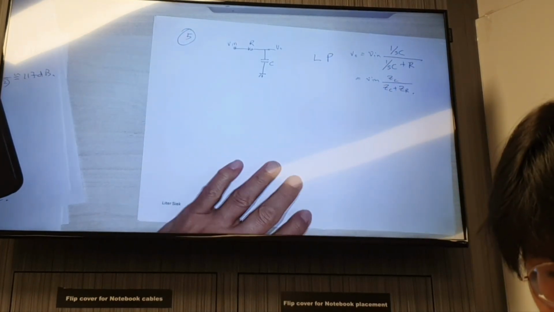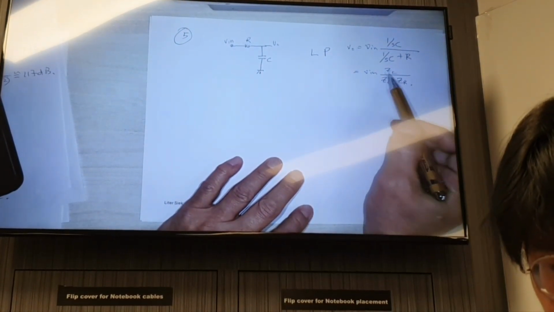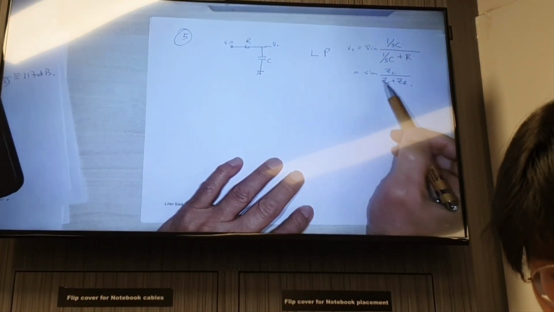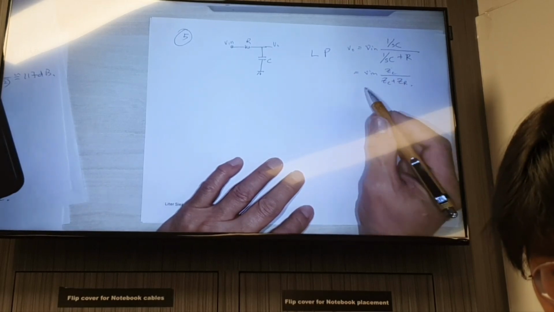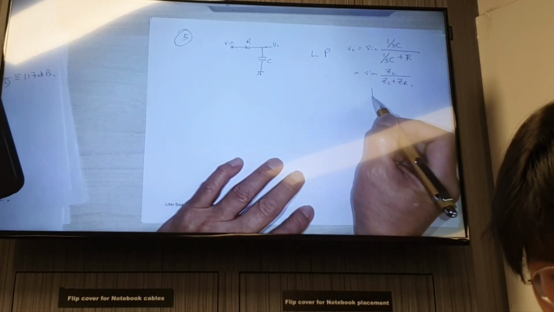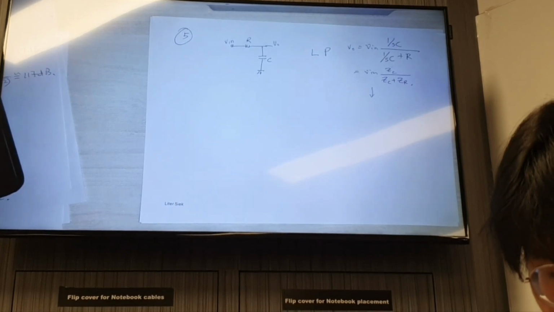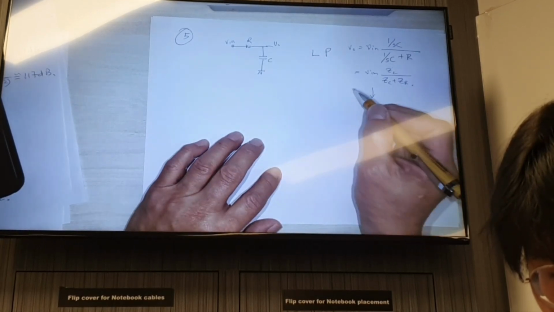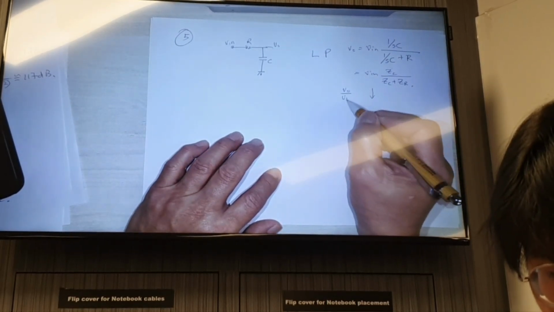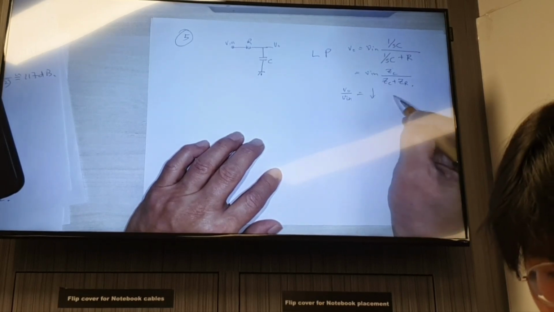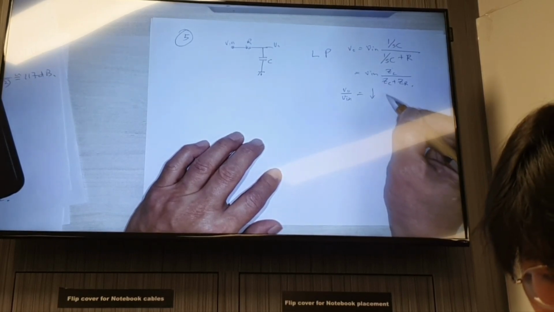So as frequency increases, this becomes smaller, and therefore the gain starts to drop when the frequency increases. In other words, V out over V in starts to drop with increase in frequency.